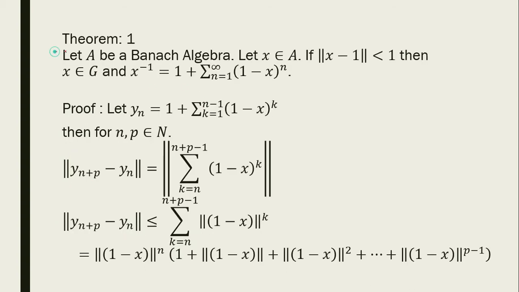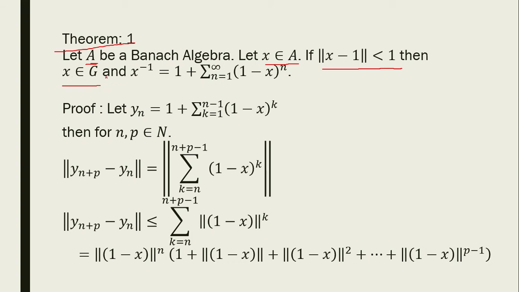Theorem 1. Let A be a Banach algebra and let X belong to A. If norm 1 minus X is less than 1, then X belongs to G, meaning X is regular.